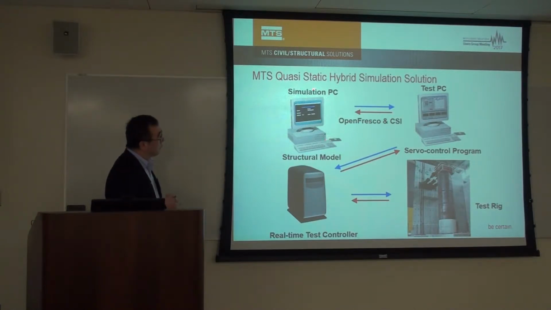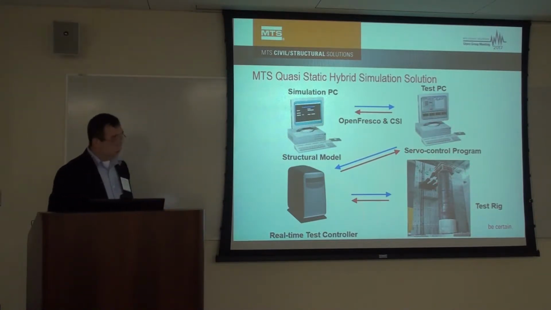And if you have two computers, then the FEA model is solved here, and using OpenFresco and our computer simulation interface, it passes the command to the test computer and to the controller and moves the actuators. So the middleware is OpenFresco and the computer simulation interface.